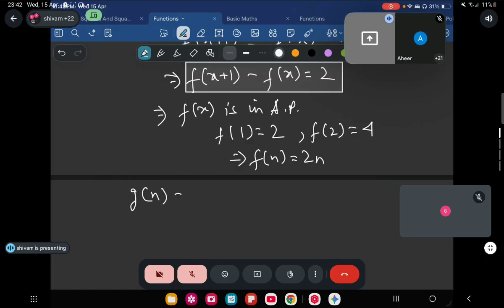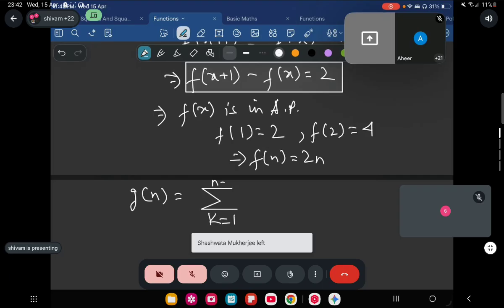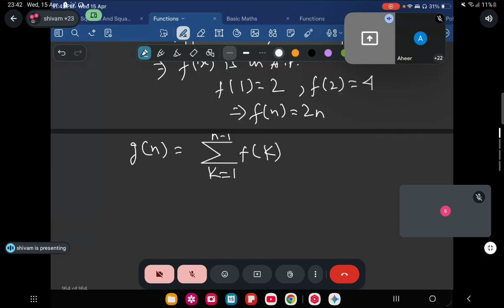And what is g of n? g of n is equal to summation of k equal to 1 to n minus 1 of f of k. This is nothing but 2 plus 4 plus 6 plus dot dot dot plus 2 into n minus 1.